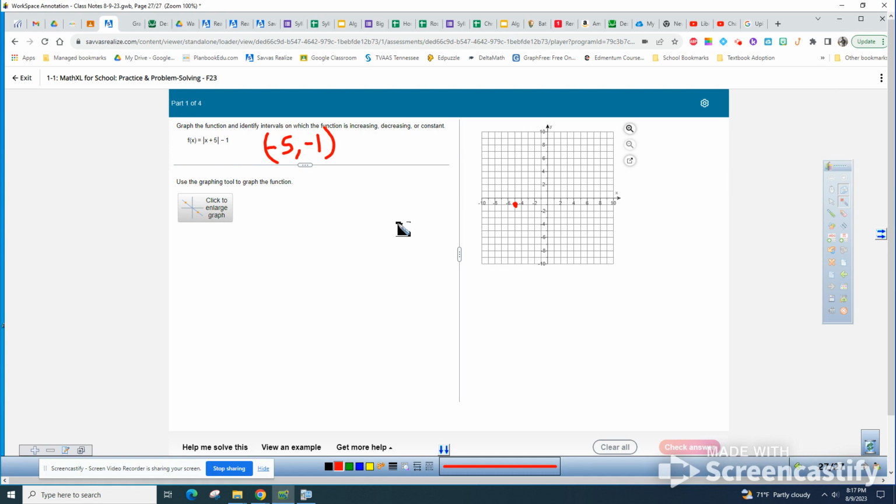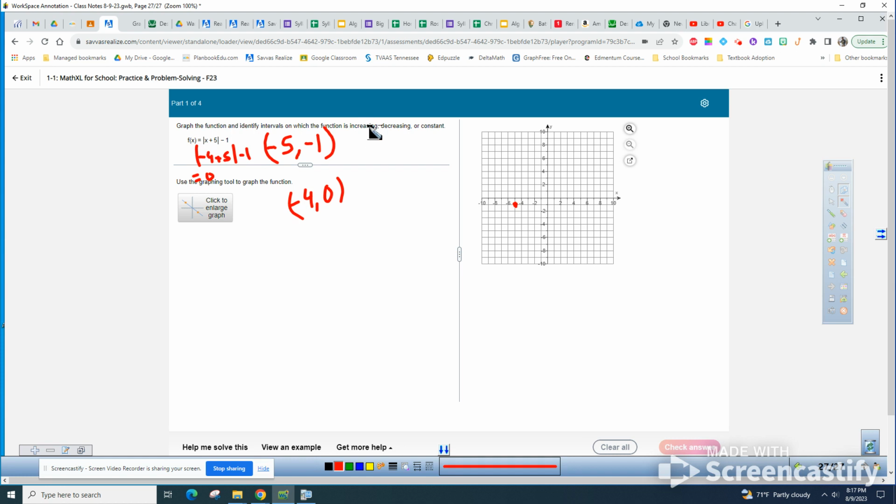And then you can plug in any number you want to because the slope is 1. So if I did like, let's see here, what's that right there? -4. So -4 plus 5, well, that's 1, and 1 minus 1 ends up being 0, right? So the whole thing equals 0. So you got -4 comma 0, and that should give you a lot of information.